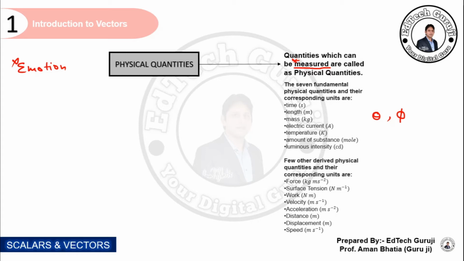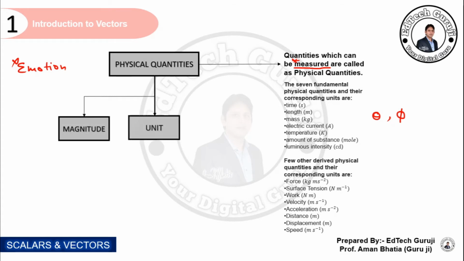So when I measure a physical quantity, I have 3 important things to keep in mind. I measure a physical quantity with the help of magnitude, with the help of a unit, and the direction. So a physical quantity is measured basically with these three parameters: magnitude, unit, and direction. Magnitude and unit, a lot of time they are taken together, but there are some quantities which do not have a unit.